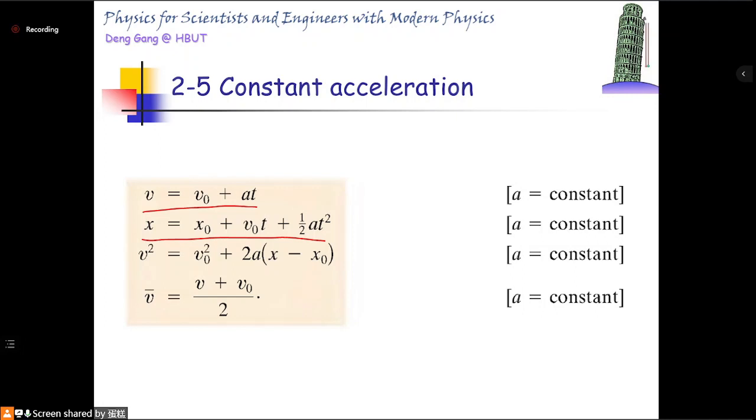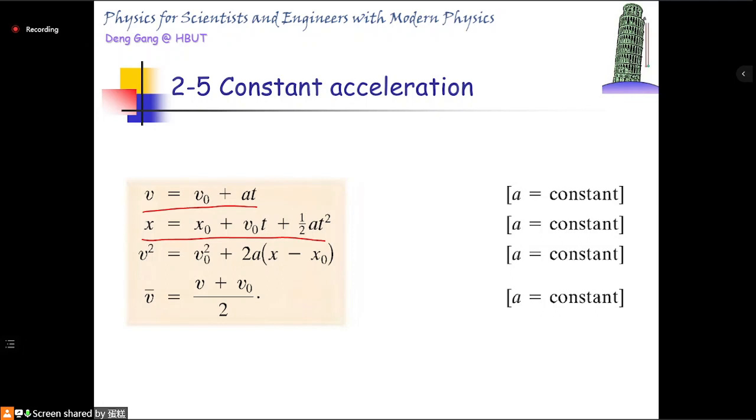But there is one more equation which is also very useful. This equation, the third one, tells us the relation between speed and position. So x is the position and v is the speed.